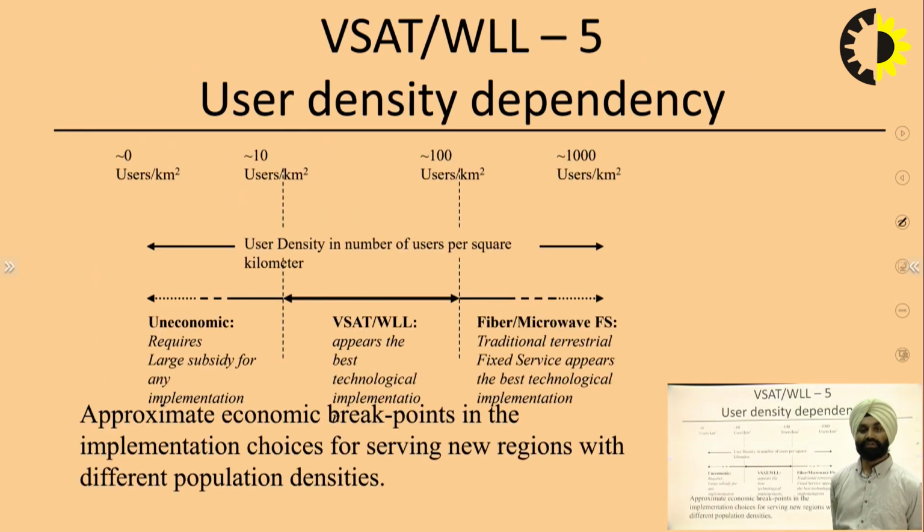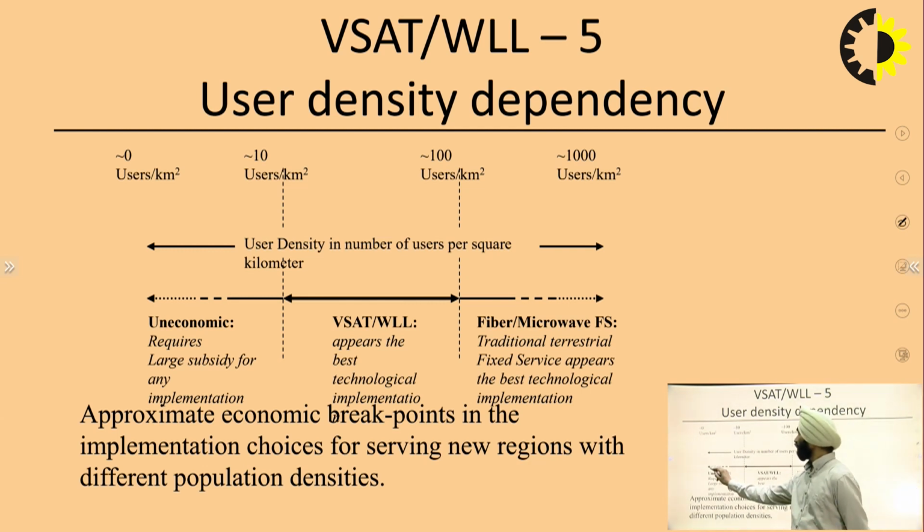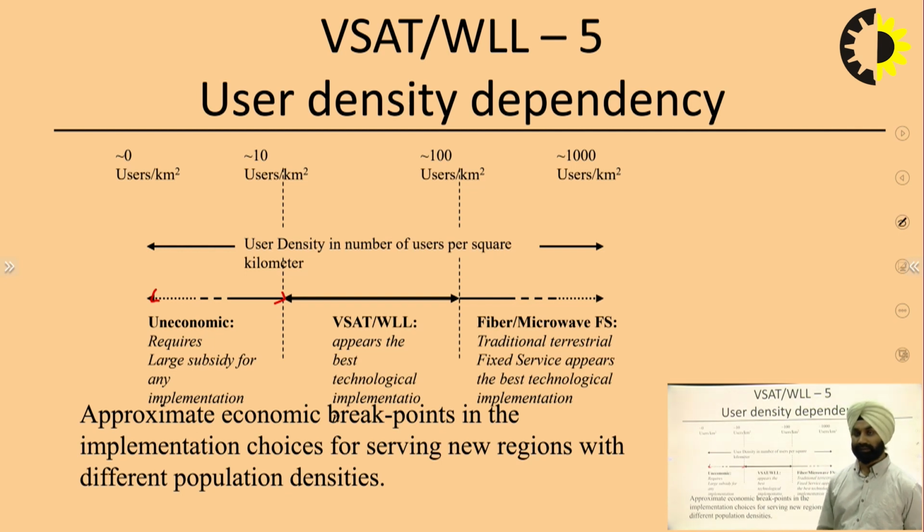Now VSAT user density dependency can be seen from here, where for very small areas, between a few kilometers, we are using only local or terrestrial networks. Then when the area is increasing and the number of users per kilometer is increasing, we have to use VSAT, which gives the accessibility of the application with the increased number of users.